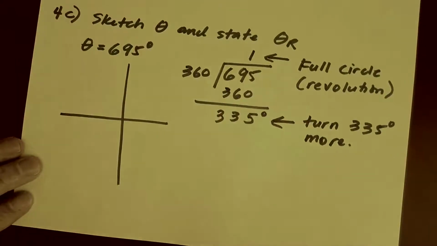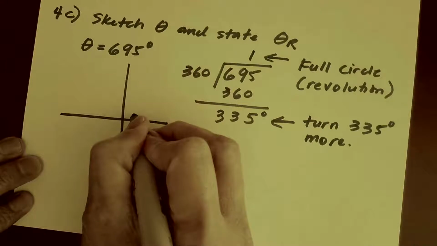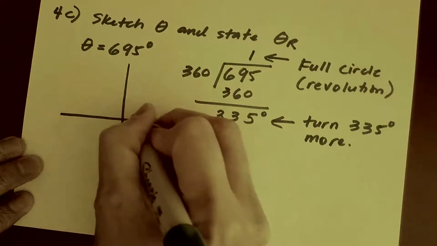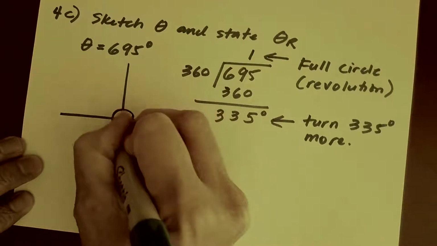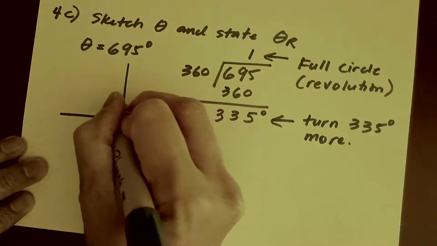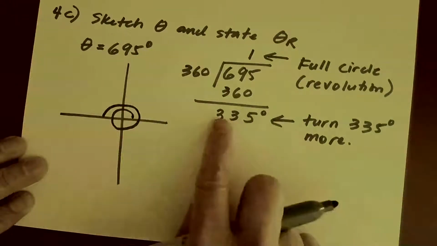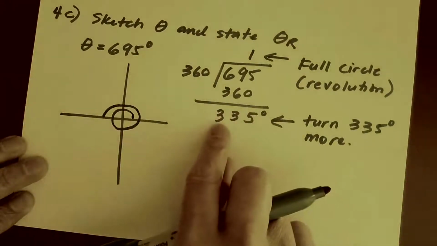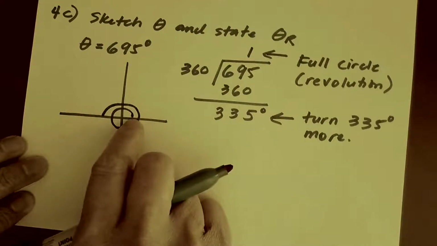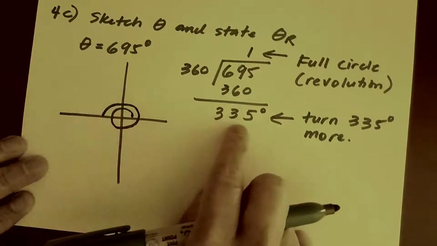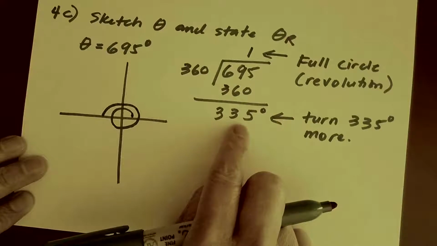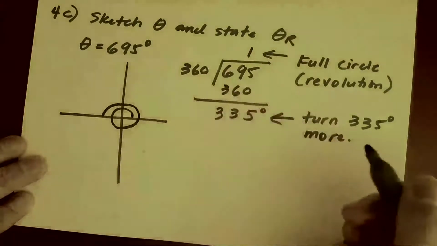What does that look like? I'm turning around 1 full revolution, and then I'm going to turn this much more. This is my 1 full revolution, and then I keep going until I turn 335 degrees. So where's 335?